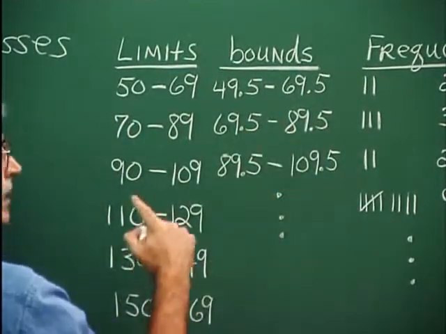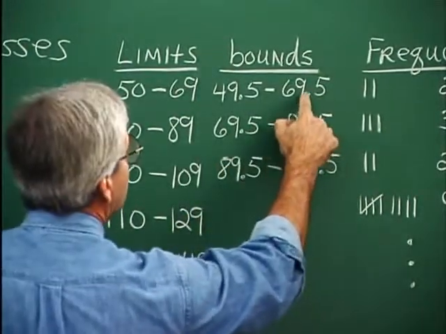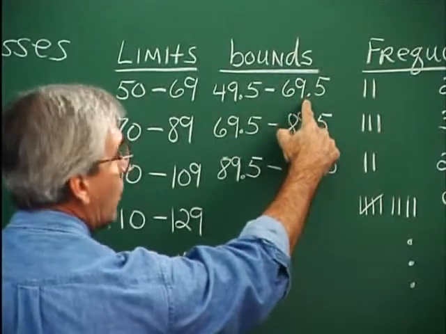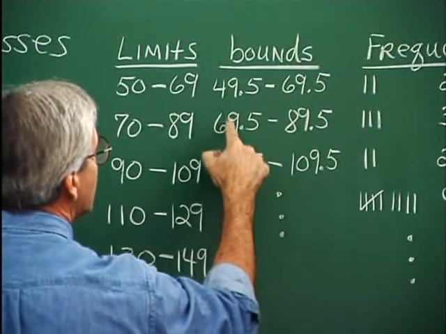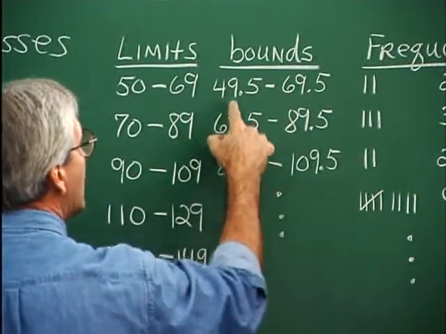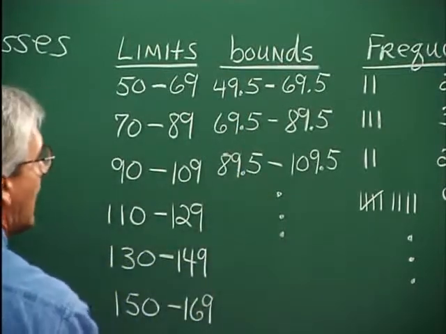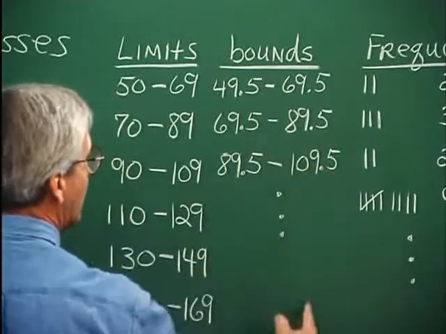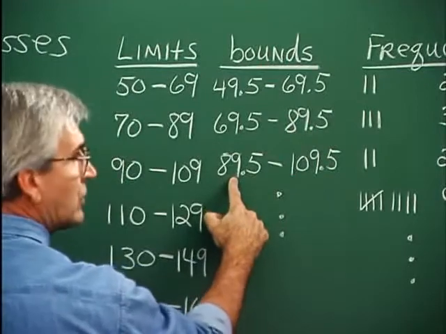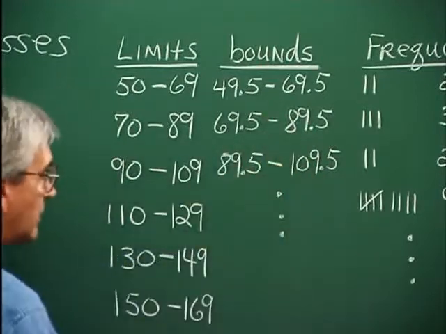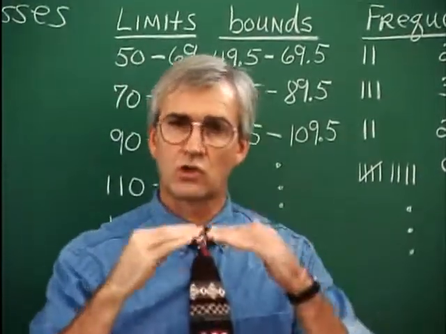And now we're thinking about that class width as being 20. And so the upper boundary for this class is the lower boundary for that class. And notice the difference of 20 here. And so we could go add 20, add 20, add 20, add 20 all the way down. And these over here are just automatic from these. You see the upper boundary over here is the lower boundary for this particular class and so on. So it's pretty easy to structure this in a sort of chart form.